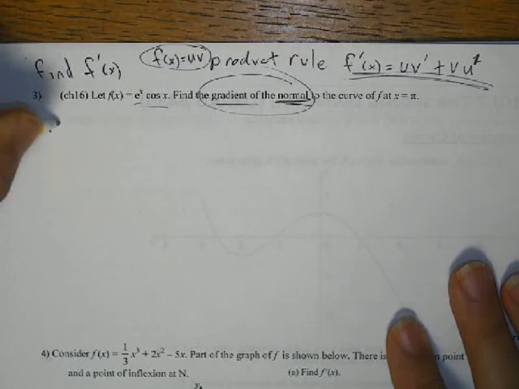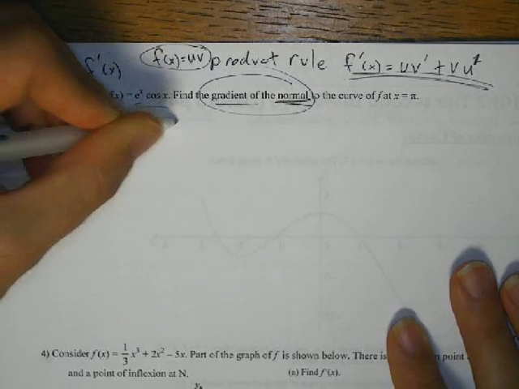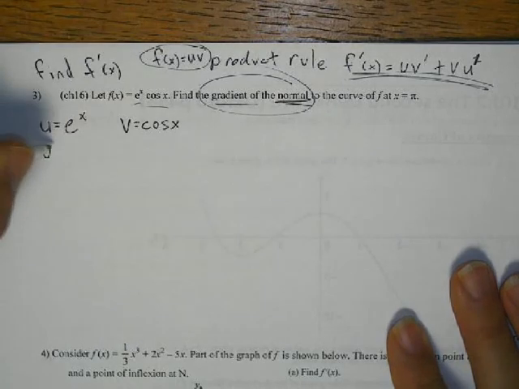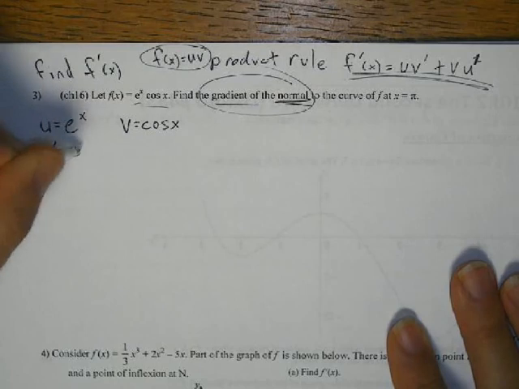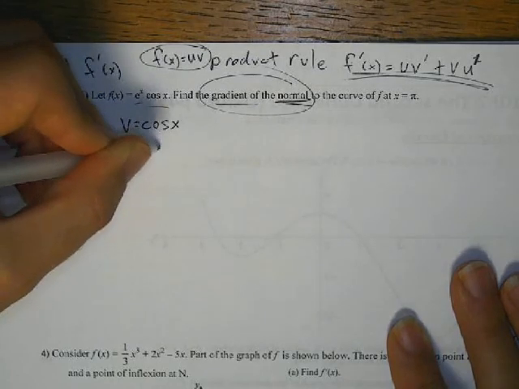So in this equation, I have u equals e to the x. I have v equals cosine x. The derivative of u is equal to e to the x. The derivative of v equals negative sine x.